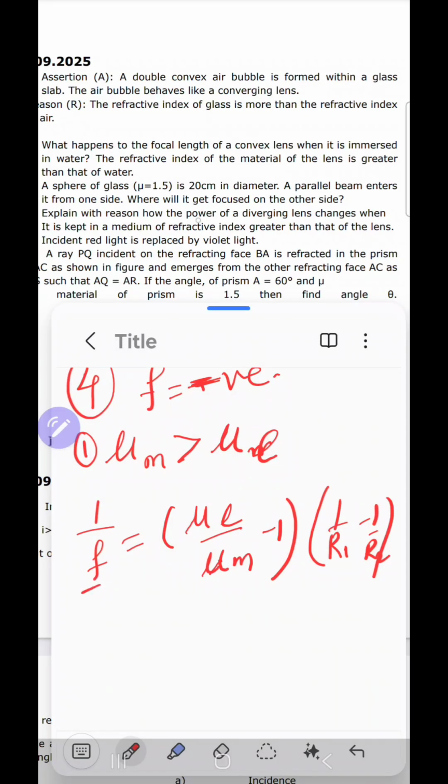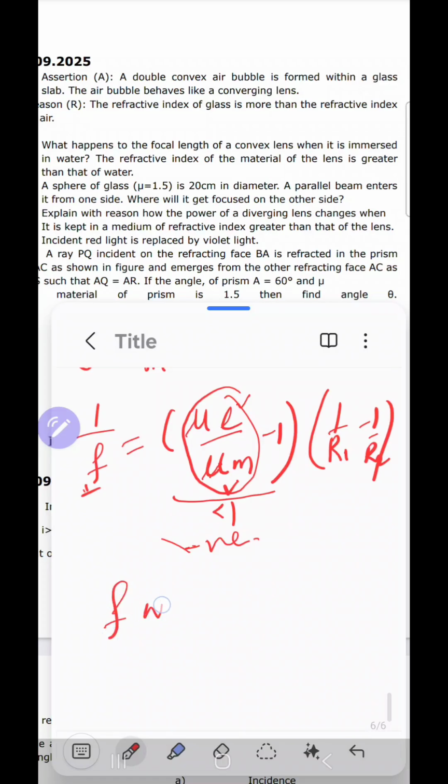It is mentioned in the question itself that the lens is diverging, so f is negative already. So you see here mu l is smaller, mu m is greater, so this whole number would be less than 1. And when you subtract 1 from a number which is less than 1, this whole bracket would become negative. So this negative would be cancelled with this negative and f will become positive.